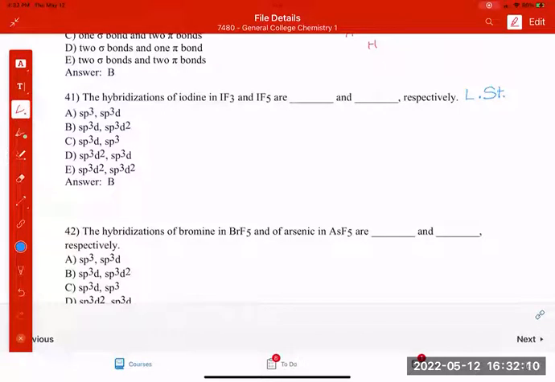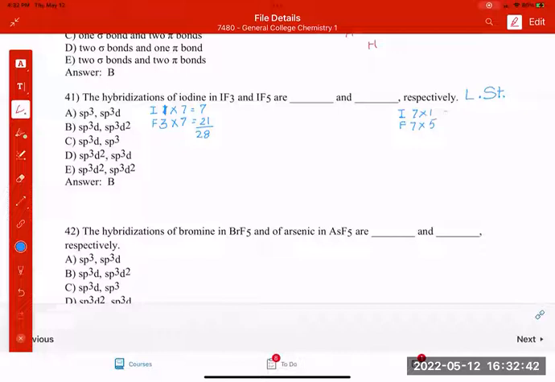Iodine brings 7 electrons and fluorine brings 7 electrons, but there are 3 fluorines. So 7 times 3 is 21, plus 7 from iodine, so 28 electrons in this case.